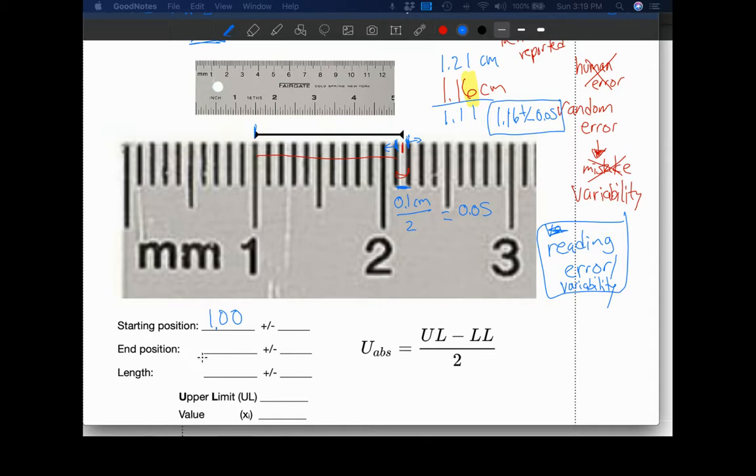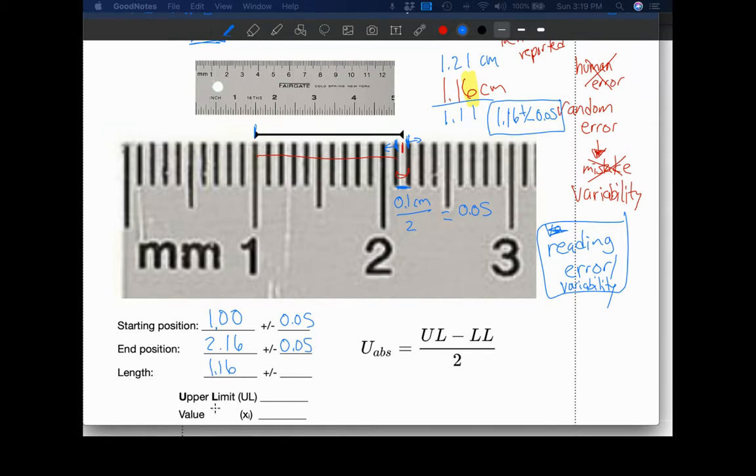But we could be wrong. Different persons would line that up differently. So the lining up of that could be plus or minus 0.05. The end position, I said was 2.16. But then again, I could be off by 0.05. So when we subtract these two, we get a 1.16.